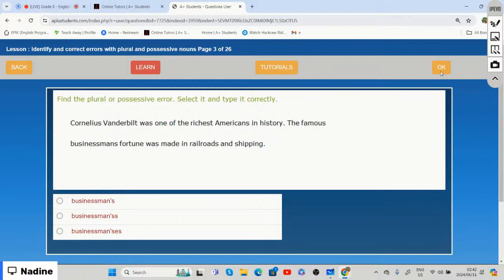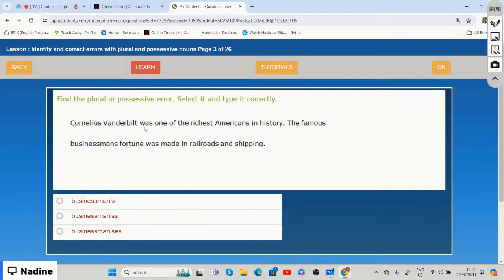Once again, we need to either find the plural or the possessive error. It says Cornelius Vanderbilt was one of the richest Americans in history.